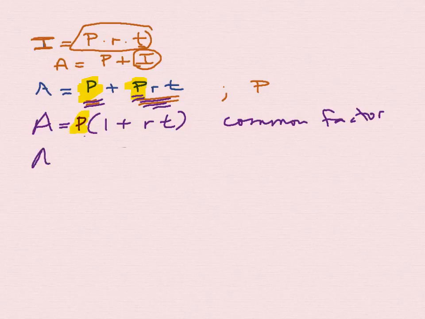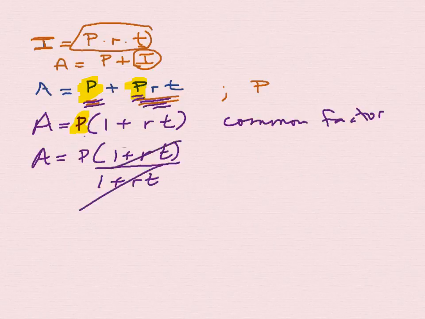To do that, same rules apply. I'm going to multiply or do the dividing, do whatever's necessary to get it by itself. Right now the P is multiplied by 1 plus RT. So I'm going to divide by 1 plus RT. And that whole thing could cancel. As long as I do the same thing on the other side, everything is good.